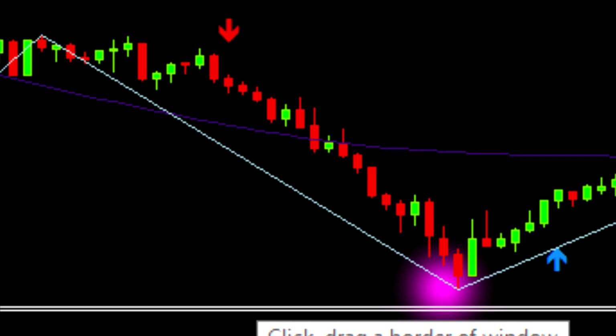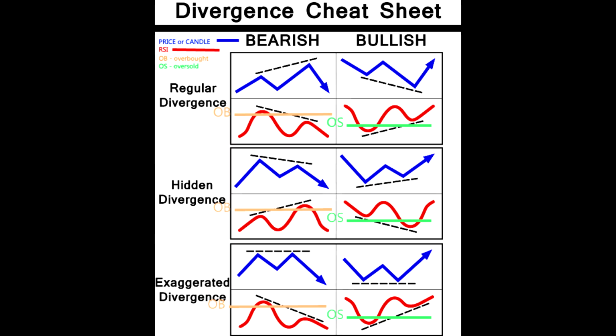Here is the list of RSI divergences, or the cheat sheet. You can take a screenshot of this. So that's all we can discuss about the RSI.